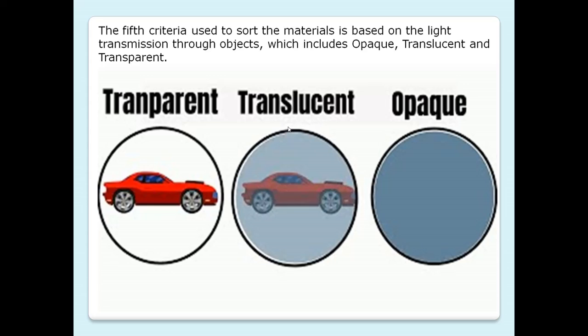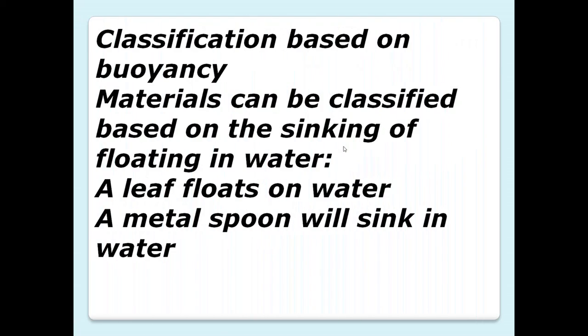Such materials are termed translucent. Some materials do not allow the light to pass through. Such materials are termed opaque. So, based on the nature of allowing the light to pass through or not, we can classify materials into transparent, translucent and opaque materials.